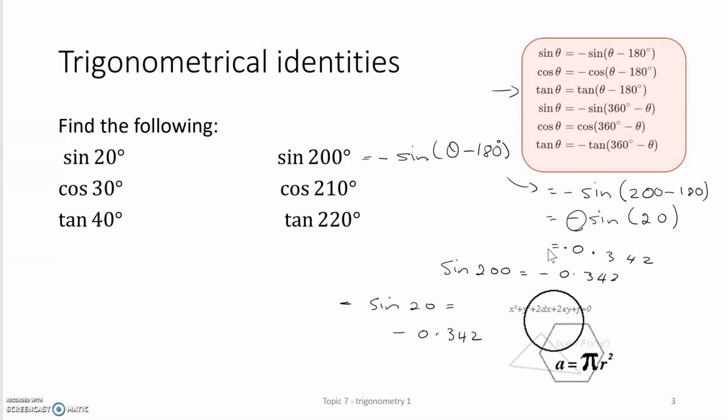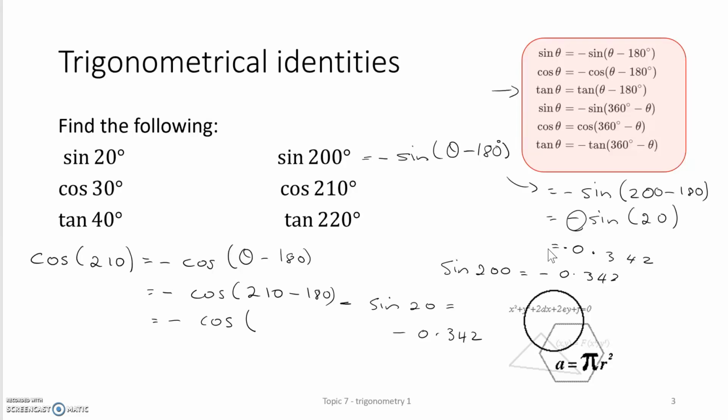Let's have a look at cos 210. That's going to be equal to negative cos of theta minus 180. So cos 210 minus 180 is equal to negative cos 30.